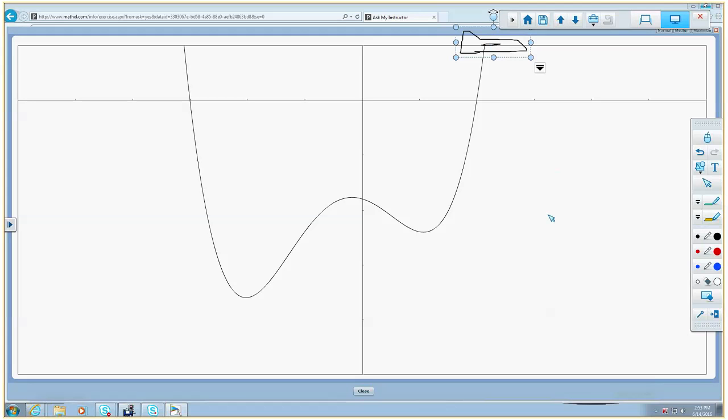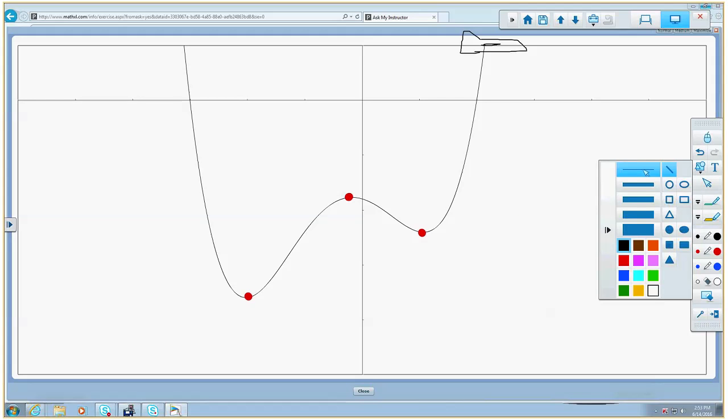We take your handy dandy red virtual marker, and it looks like this point is right about there, and this point is right about there, and this point is right about there. And then you take your handy dandy straight line maker, and we'll do kind of a green color.